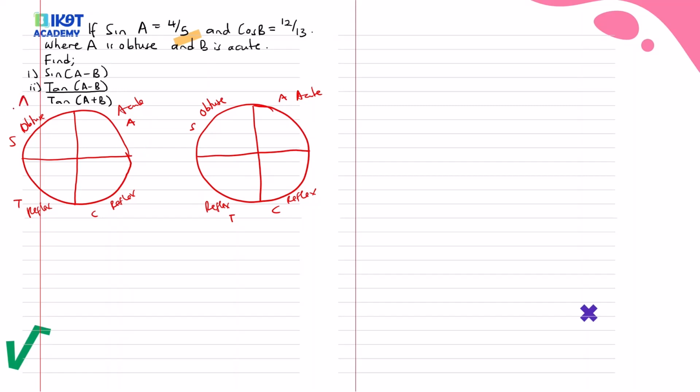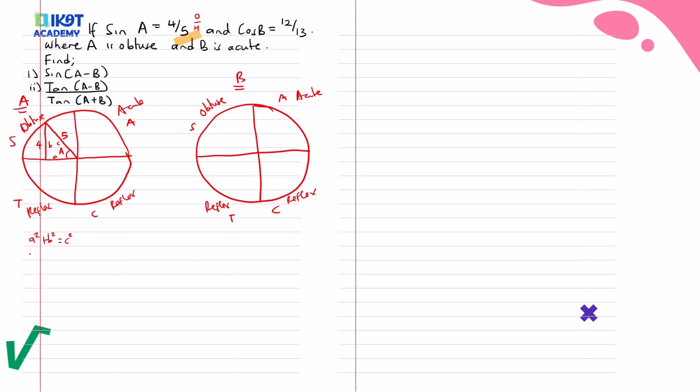So we have this now here. We're going to use this for A. We're going to use this for B. Now here we're saying if sine A is 4 out of 5, and we've said A is obtuse, so we're going to draw it here. So this is A, and from SOHCAHTOA, 4 is the opposite, and H is the hypotenuse. So we can find this by saying A squared plus B squared is equal to C squared.